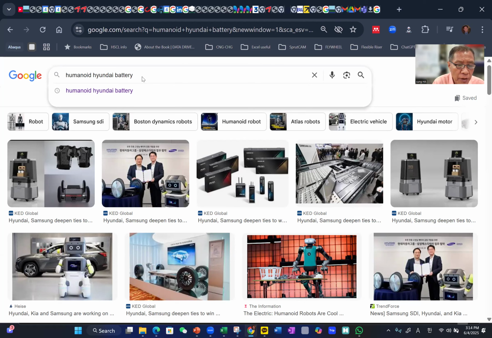But I'd like to emphasize again, the humanoid is one that has a big market in the future. You can easily find how the market will grow.